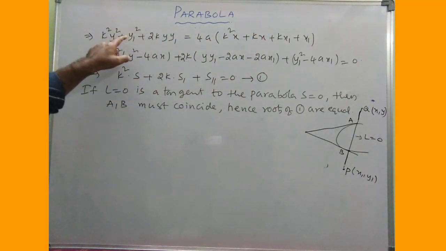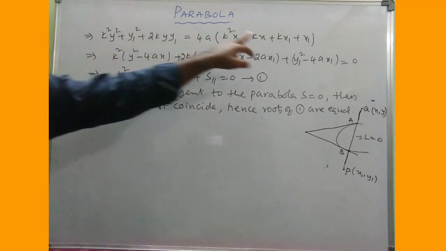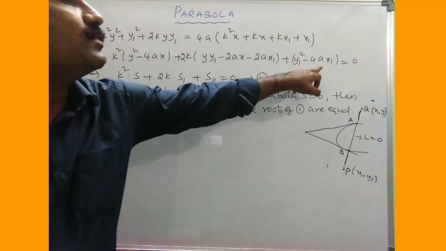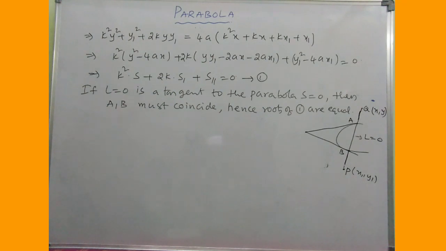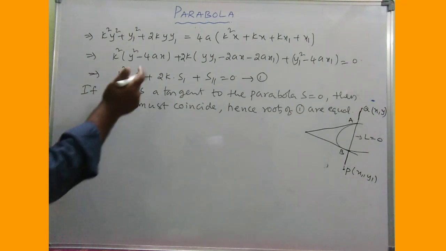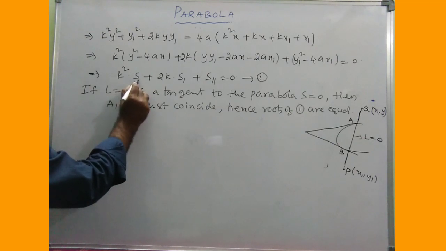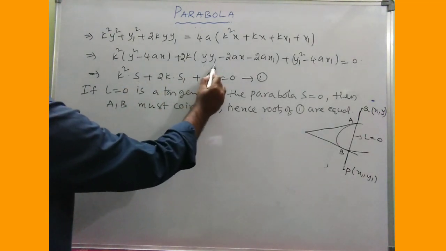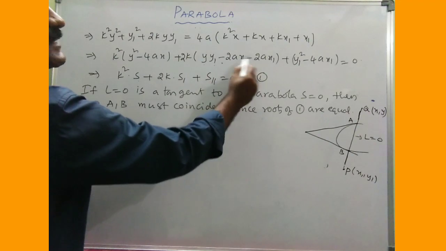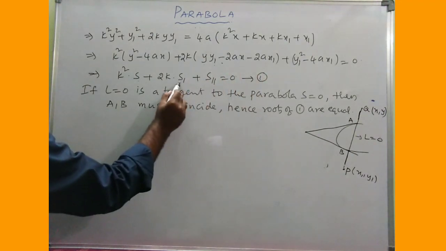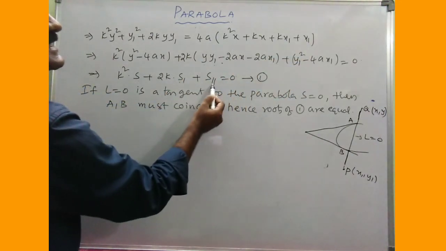Leftover things are y1 square and minus 4ax1. This is constant. So you see, my dear, we can write y square minus 4ax as S, the notation for S. And this, yy1 minus 2a into (x plus x1), is the notation for S1. And the last one is S11.